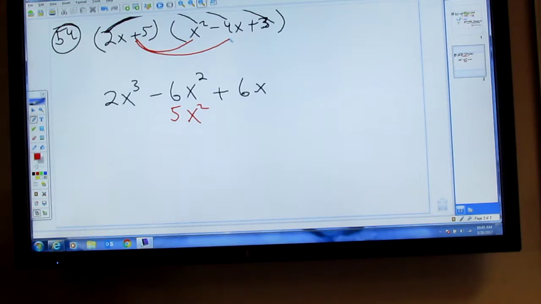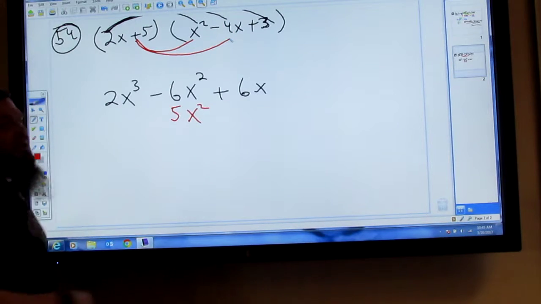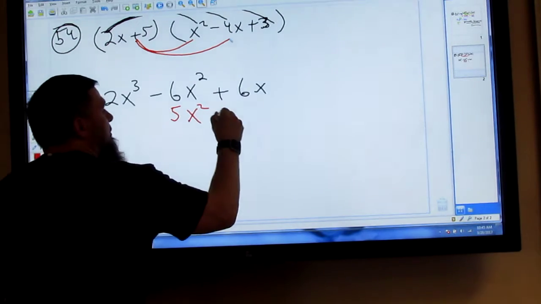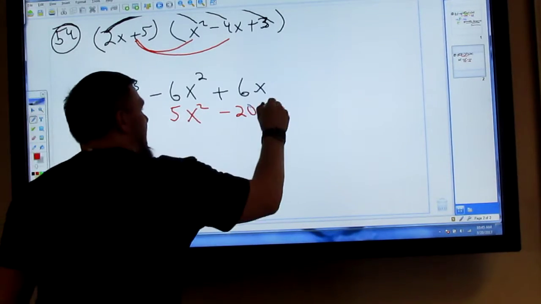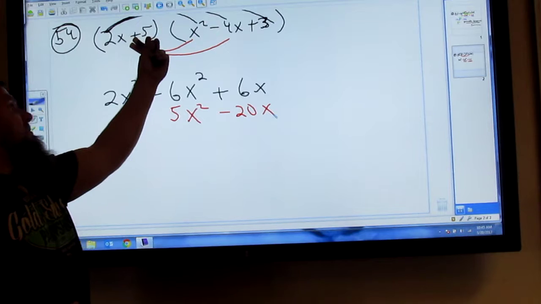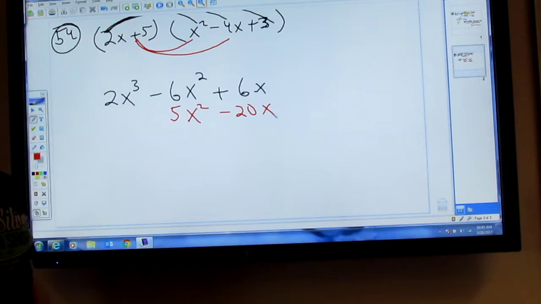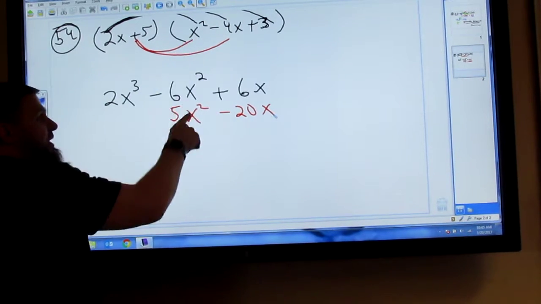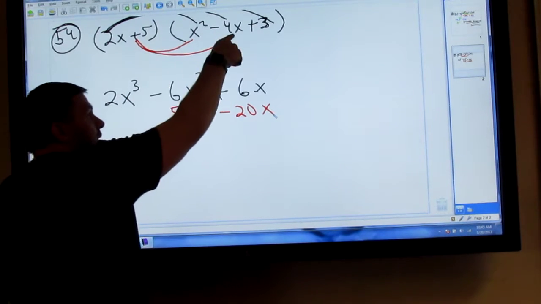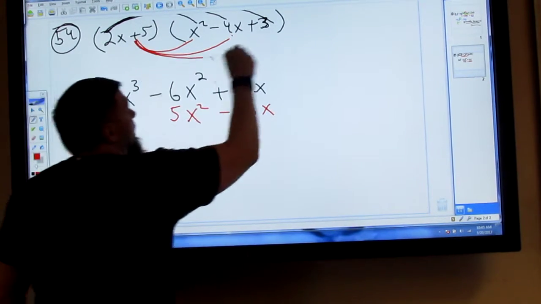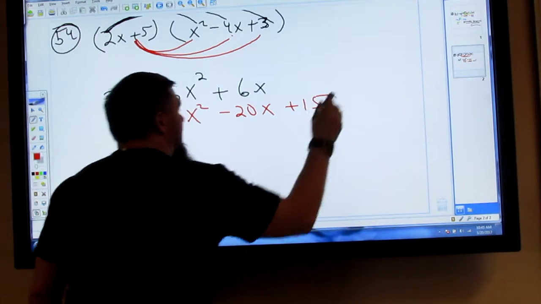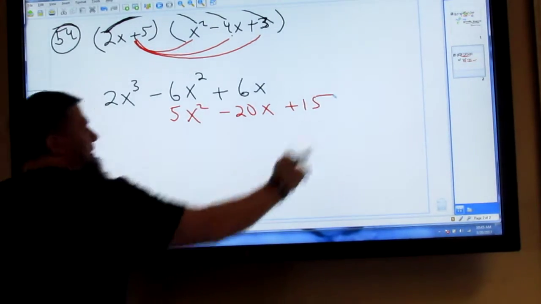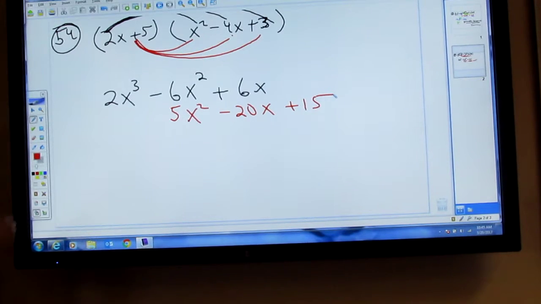And see, when I line them up like this, it makes it a little easier, right?